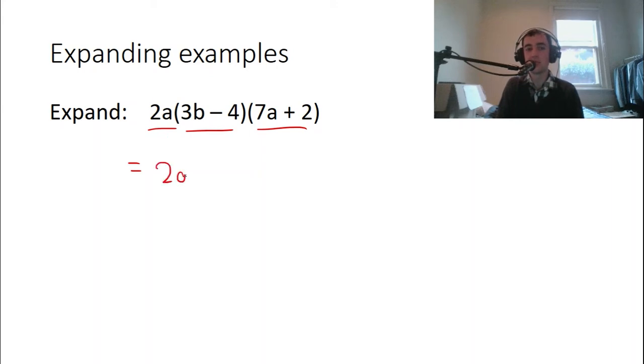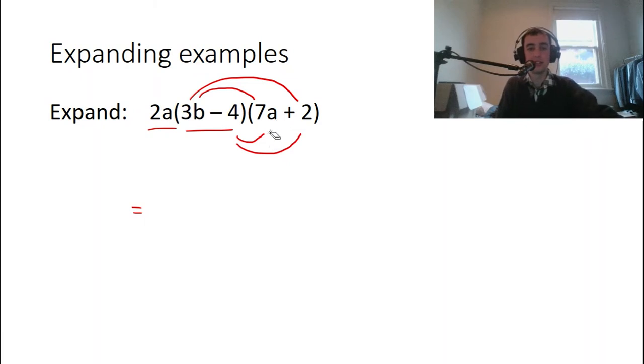So we'll just write the 2a at the start, and then we'll write some big brackets, and inside we'll put whatever we get for when we expand it. And I'll write the equal sign down here, just so I have room to do my lines. So I would like to do the first, outer, inner, last. I'll just get rid of these lines so they don't confuse you.